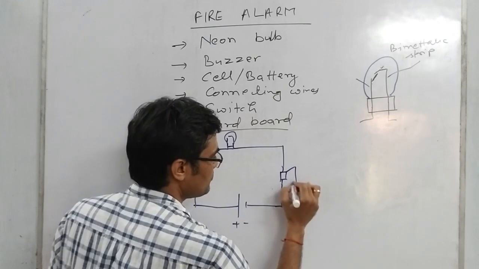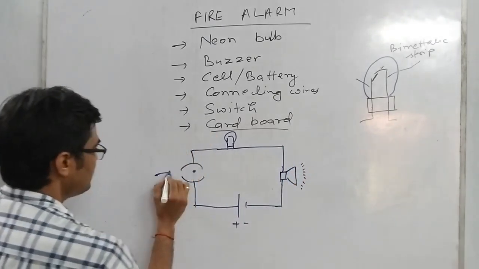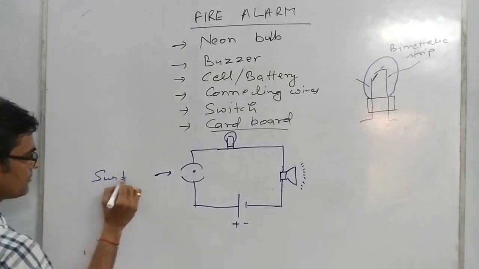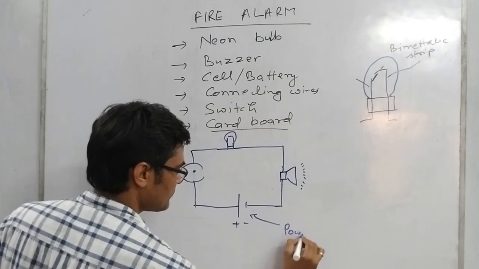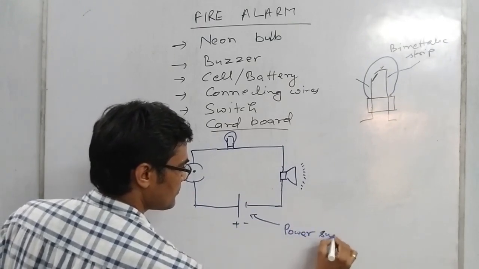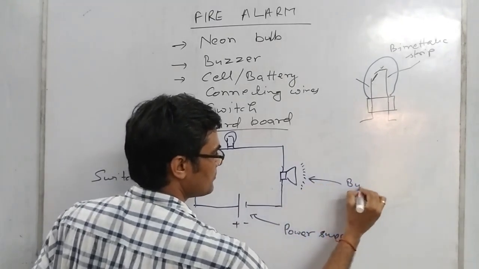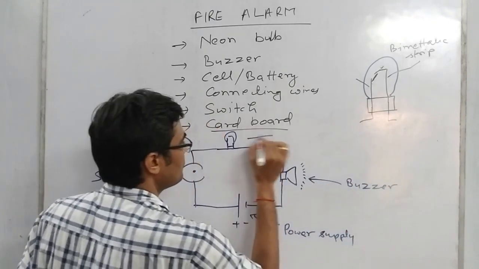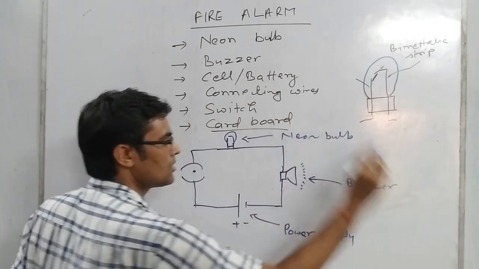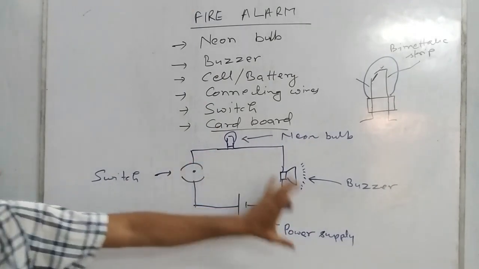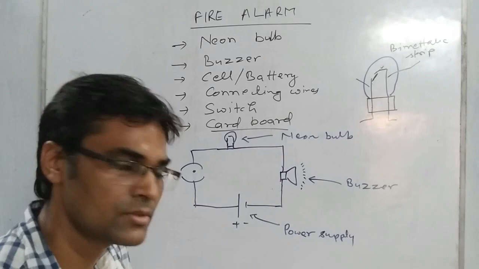This is the switch, this is the power supply, this is the buzzer, and this one is the neon bulb. This is quite a simple project, and you can easily prepare it at home also.